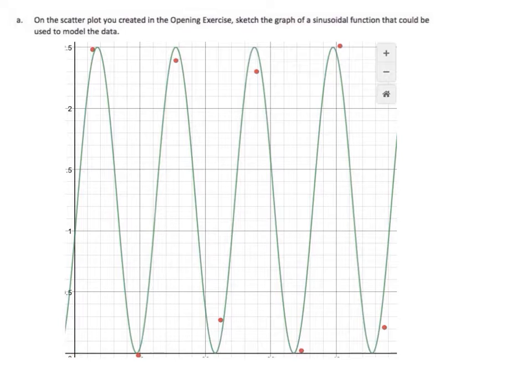But we saw that this repeats about every 6 hours, so you can nicely sketch a sine or a cosine function that goes through a maximum and minimum all the way to the end, right? So now we're going to go through the pieces and parts of the midline, amplitude, etc.